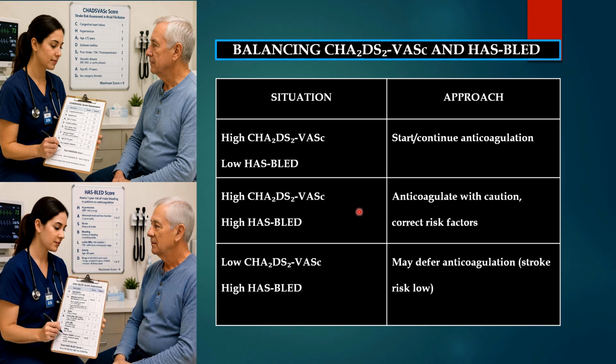If both CHADS-VASc score and HAS-BLED score are high, can consider anticoagulants but with caution and always try to correct the risk factors. If the CHADS-VASc score is low and the HAS-BLED score is high, then may defer the anticoagulation because the stroke risk is low.